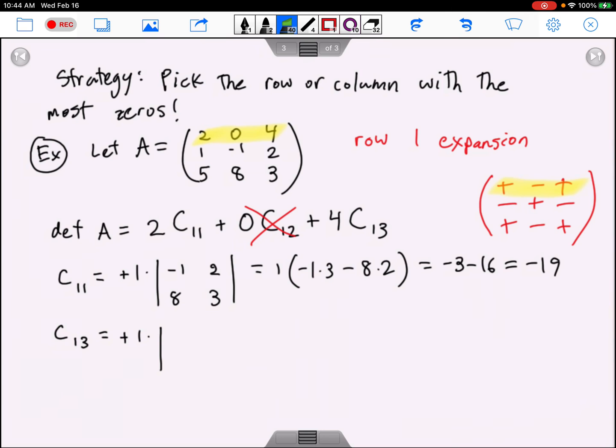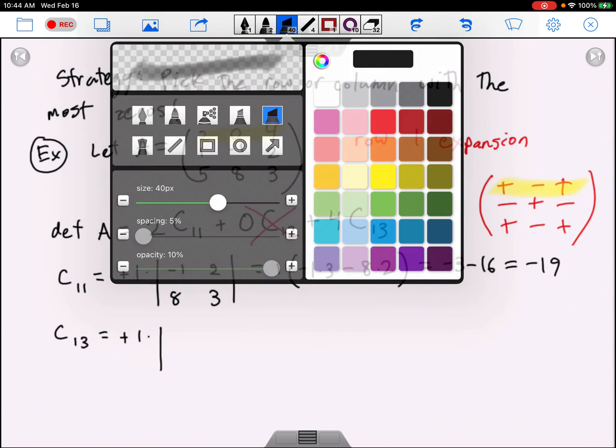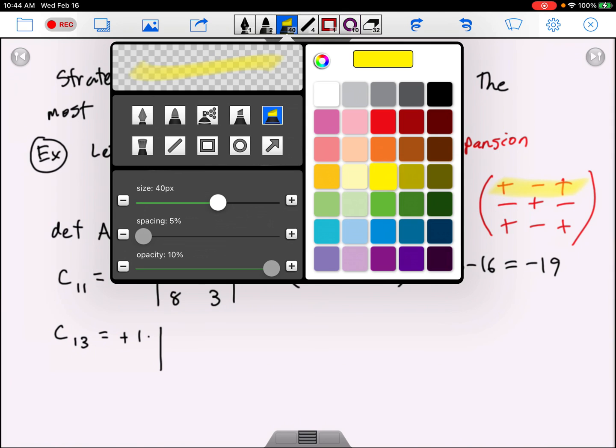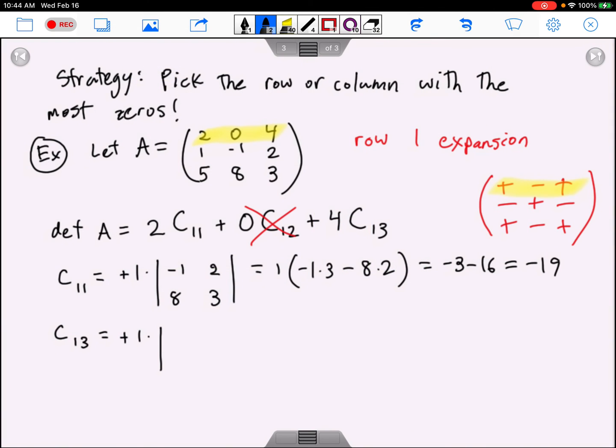So I'm going to do 1, -1, 5, 8. And so when I do this determinant, it's 1 times 8 minus 5 times -1, I just get 40. Oh, sorry, no, 13. What am I doing? I was multiplying 8 times 5 in my head. 13, right?